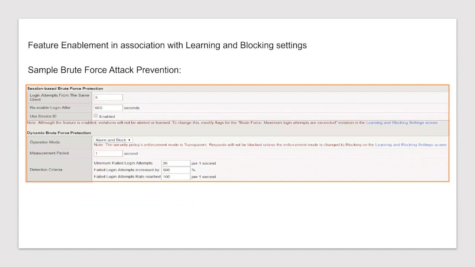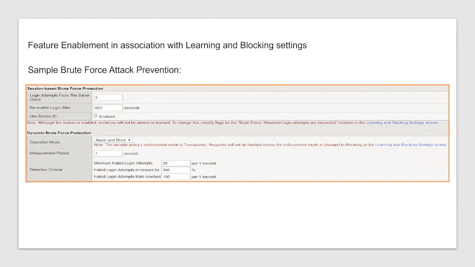There is also a kind of dependency when you enable any feature in ASM. It has a dependency on learning and blocking settings. So whether you are configuring cross-site request forgery, web scraping, or brute force attack, it has to have a learning and blocking setting associated with it.